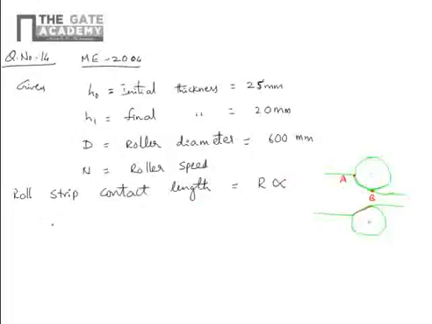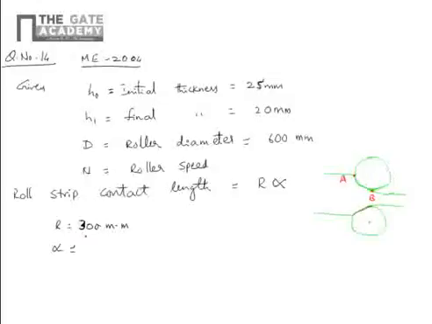Roll strip contact length equals R alpha. R we know is 300 mm. To get alpha, he has given the initial and final thickness, so delta h.